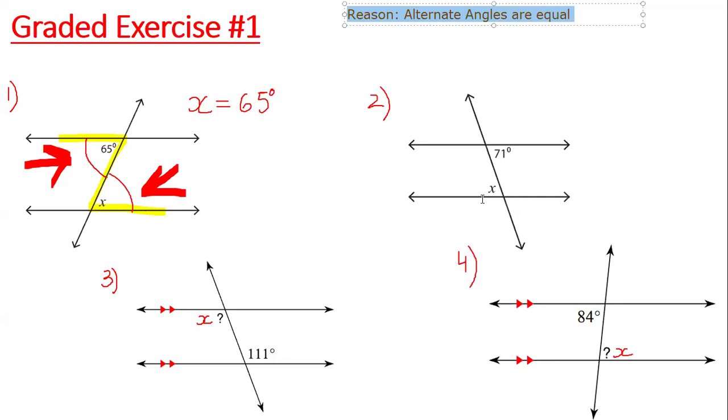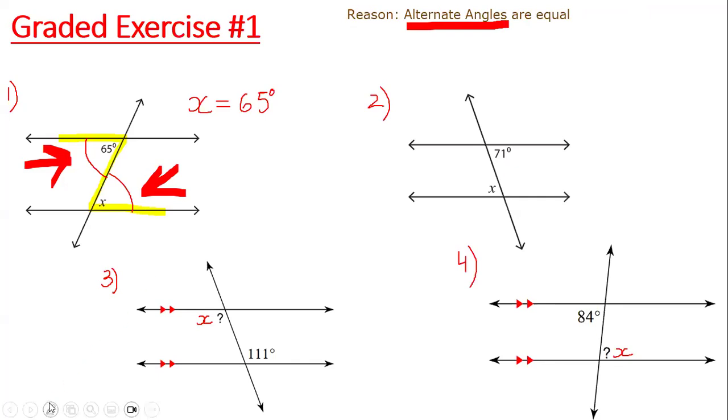Does that make sense? Yes, sir. Good. So the reason is because alternate angles are equal. Always remember that. They form a Z shape or S shape. Okay, next.